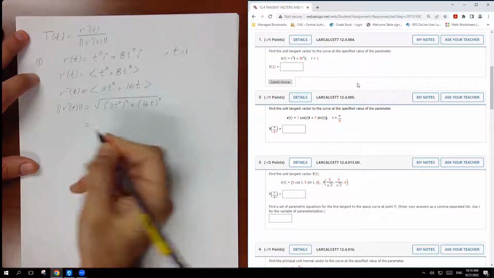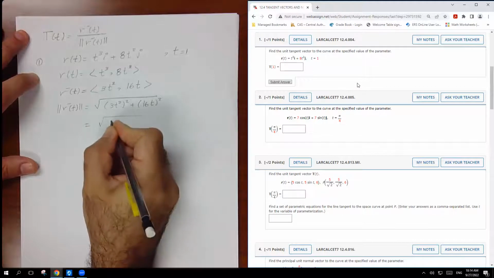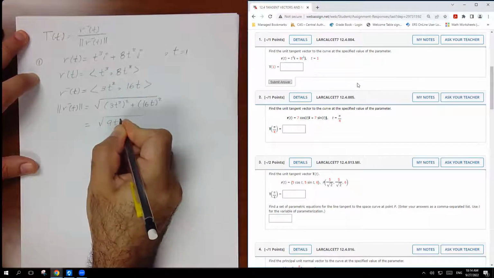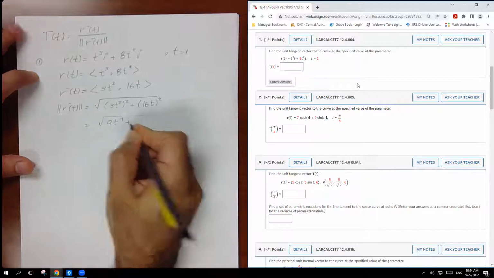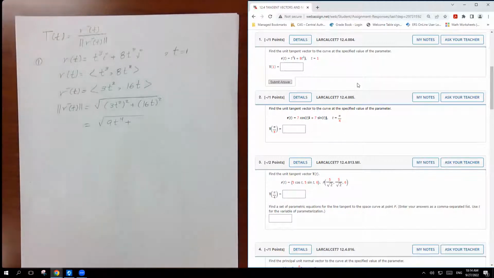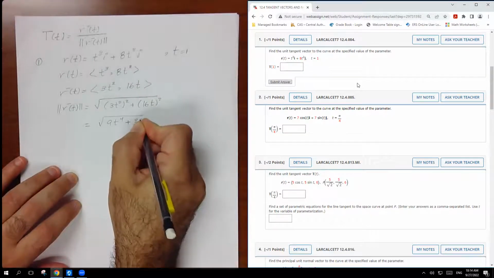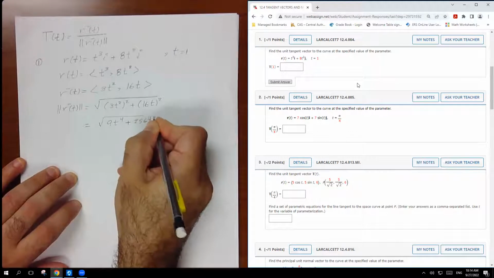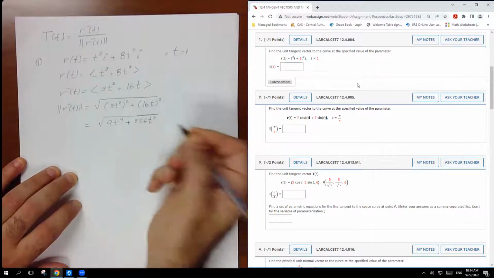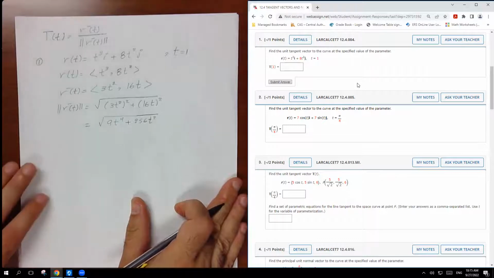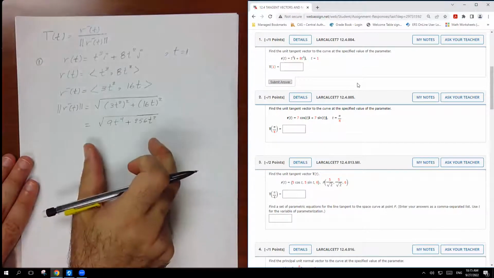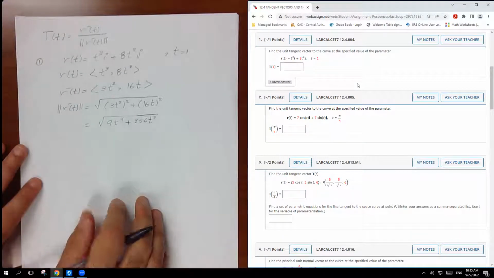This one is going to be the square root of 9t to the power 4, plus 16 times 16, which is 256, t squared. You can keep it like this because we're going to plug in the t here.